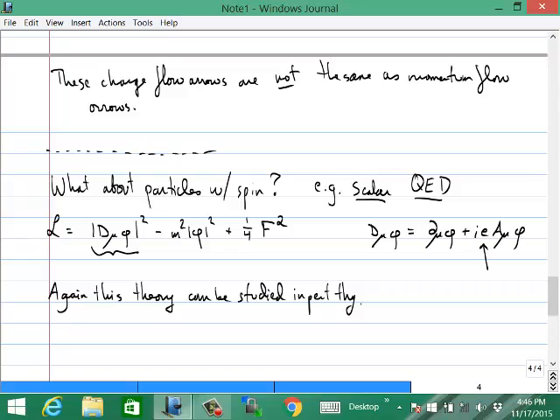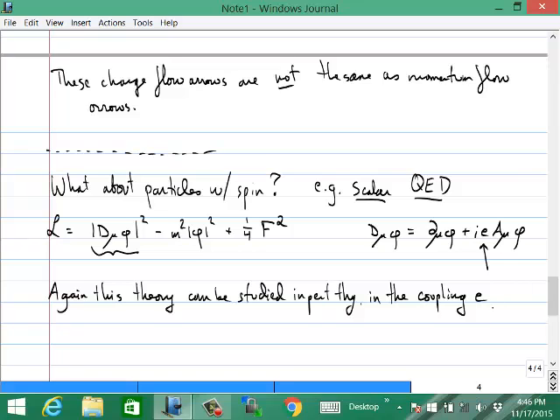If e is equal to 0, we just have a free electromagnetic field and a free complex scalar field that don't talk to each other. And so when we use Feynman diagrams, we're going to do perturbation theory in the coupling constant, which is the electric charge of the complex scalar field.